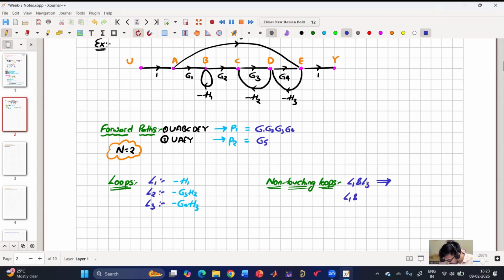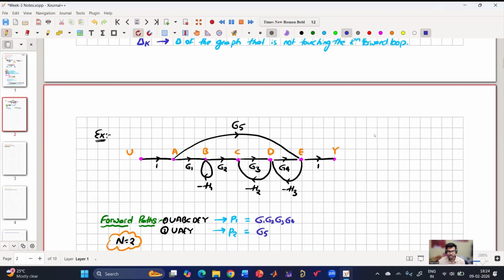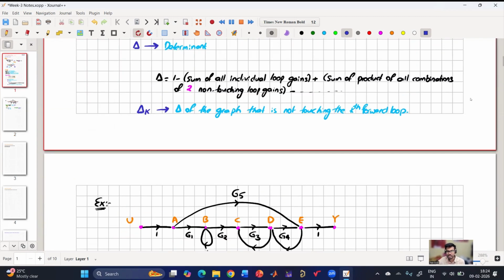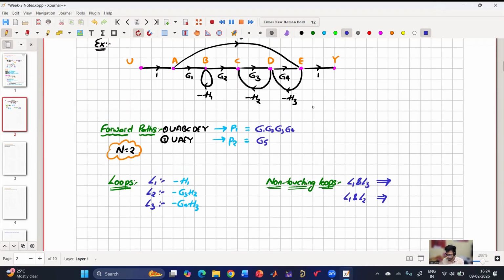Now the product: the sum of the product of all combinations of two non-touching loops, minus the sum of the product of all combinations of three non-touching loops. But here the three loops are touching, so three non-touching loops do not exist, and it is ignored, meaning it is 0. So L1 and L3, what is the gain? G4, H3, H1. L1 and L2 is G3, H1, H2.